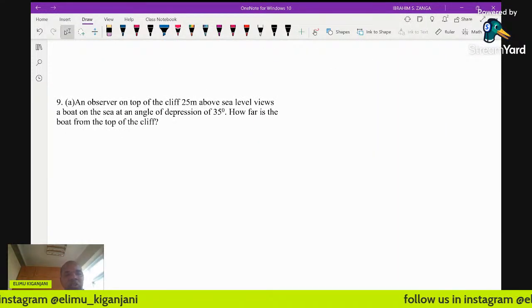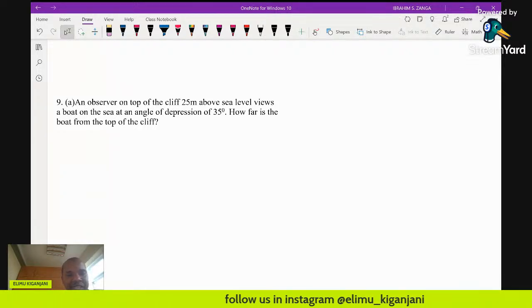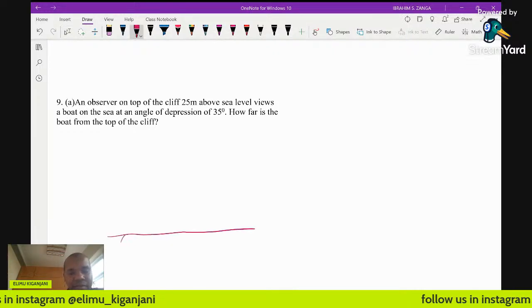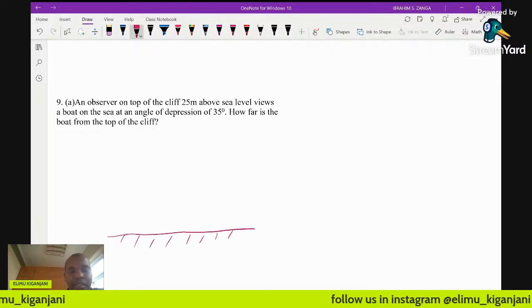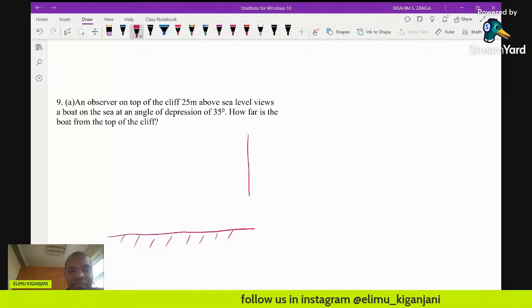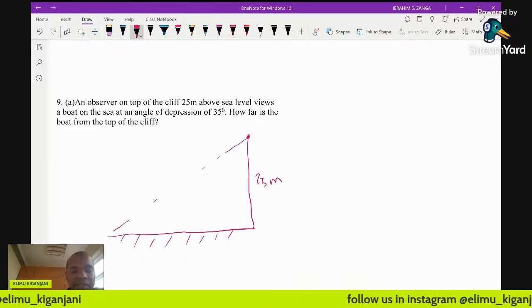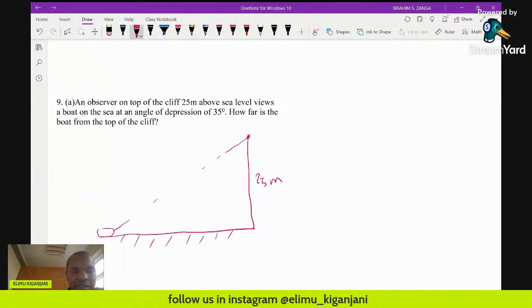An observer on top of a cliff 25 meters above the sea level views a boat on the sea at an angle of depression of 35 degrees. So this is our sea here. We have a cliff which is 25 meters above the sea level. The observer is observing the boat, so that is our boat.